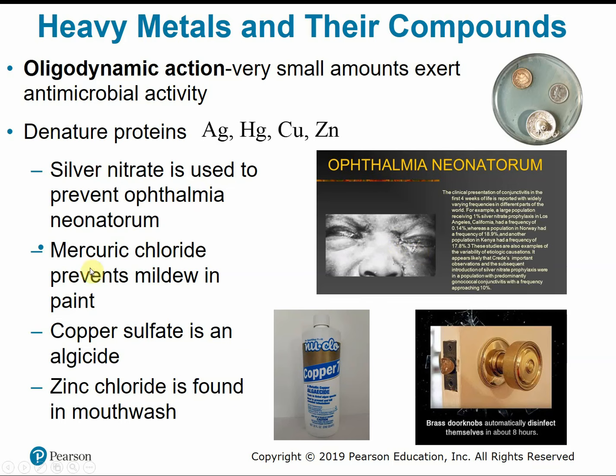We have mercury additives in paint to prevent mildew and microbial growth. Copper sulfate is used in algicide for pools, so pool chemicals. If you have a pool and you ever see the word blue on the label for the pool chemical, that means it has copper in it.